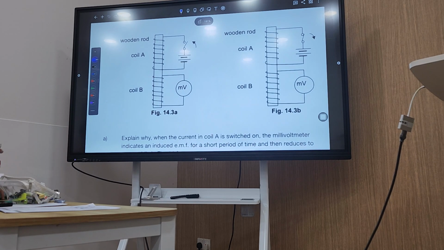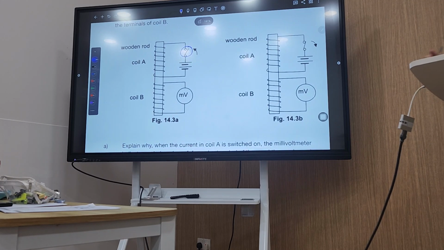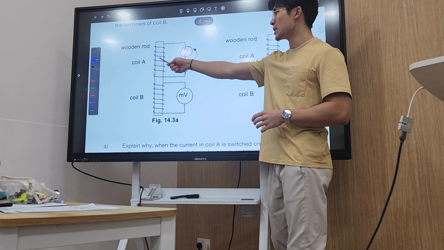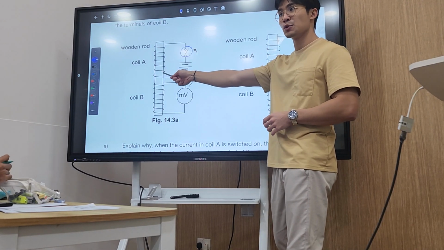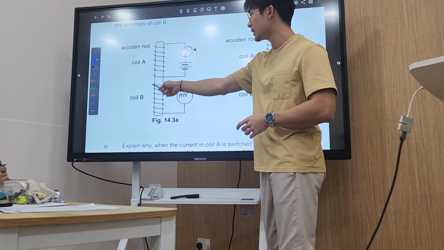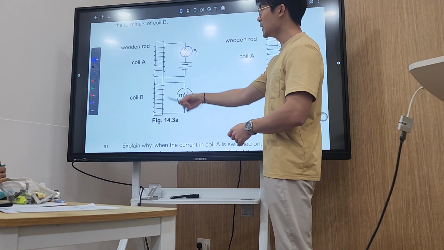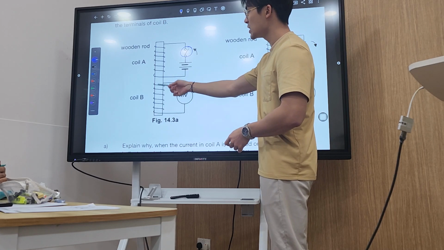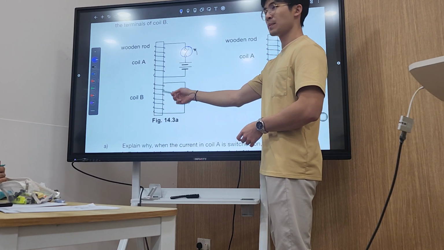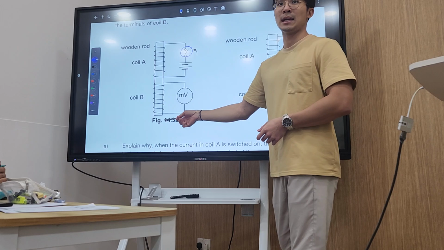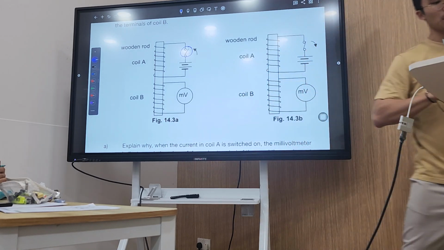Once you turn on your switch, there is a current flowing through coil A, and this entire thing becomes an electromagnet. So you will generate a change in magnetic flux in coil B, and this change in magnetic flux induces an EMF. You are right.